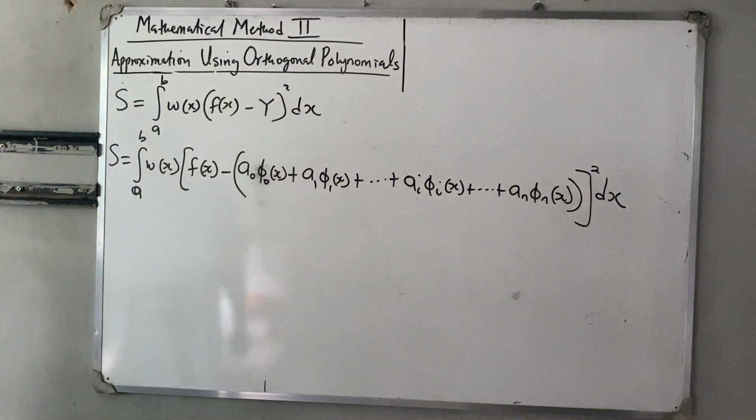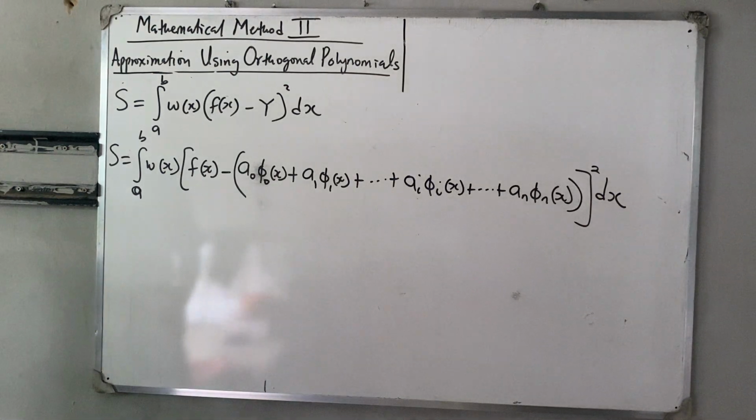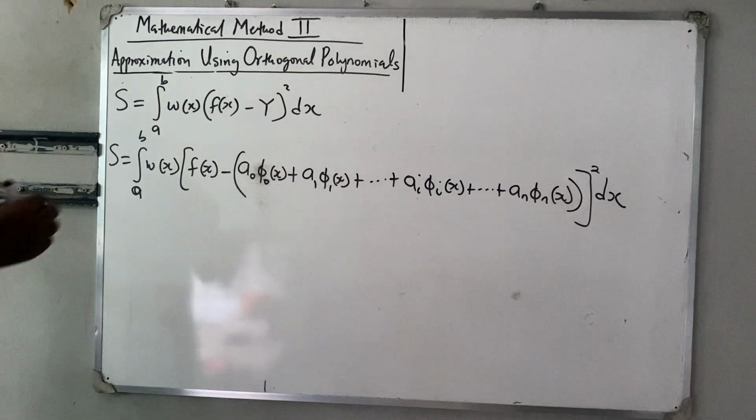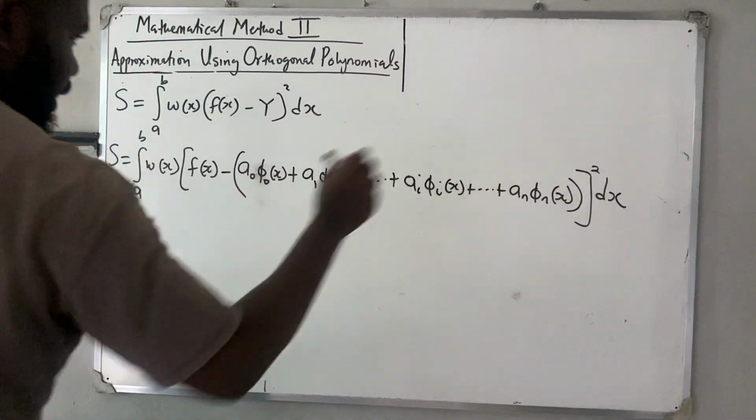The next thing we'll look at is how to reduce it. Okay, we have to minimize the residue function, or the residue of the function with respect to each particular one. So let us minimize it, taking each of them.